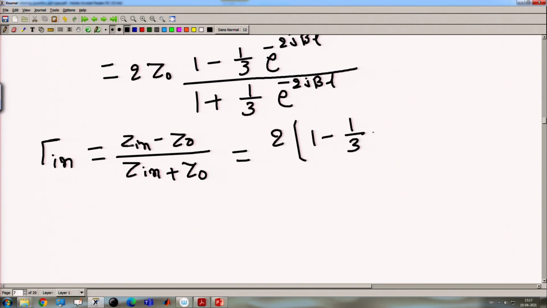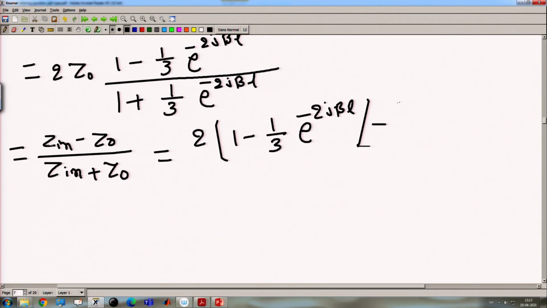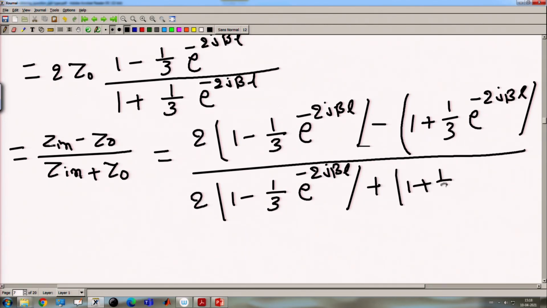(1 minus 1/3 e to the power minus 2j beta L), and in the denominator part, this will be minus, it will come (1 plus 1/3 e to the power minus 2j beta L), divided by 2 into, for this part Z in plus Z naught, 2 into (1 minus 1/3 e to the power minus 2j beta L) plus (1 plus 1/3 e to the power minus 2j beta L).